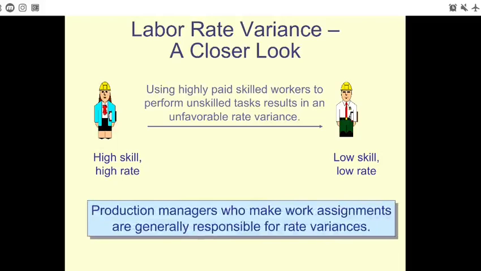Okay, this is additional explanation about labor rate variance. Another thing that you have to know is the reason for the variance. Let's say the labor rate variance is unfavorable. Why do you think that situation can happen?